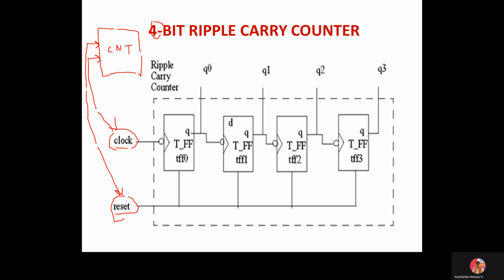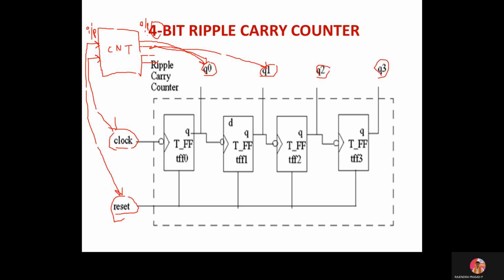Then it is a 4-bit counter, so I'm having four output pins. This is the input and this will be my output value. I should give some names to the outputs. From this figure you can see my outputs are Q0, Q1, Q2 and Q3.